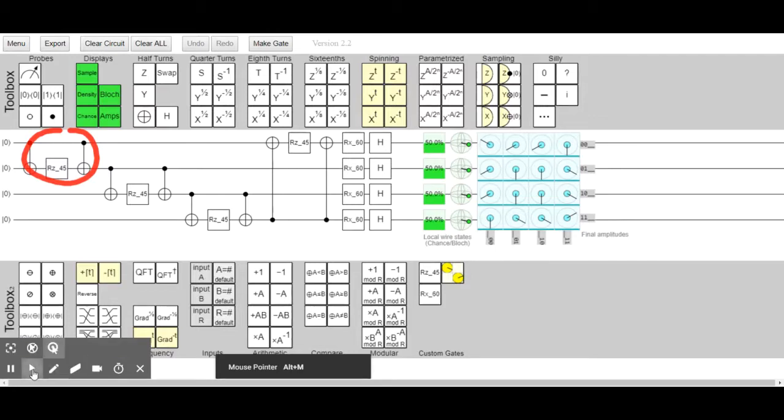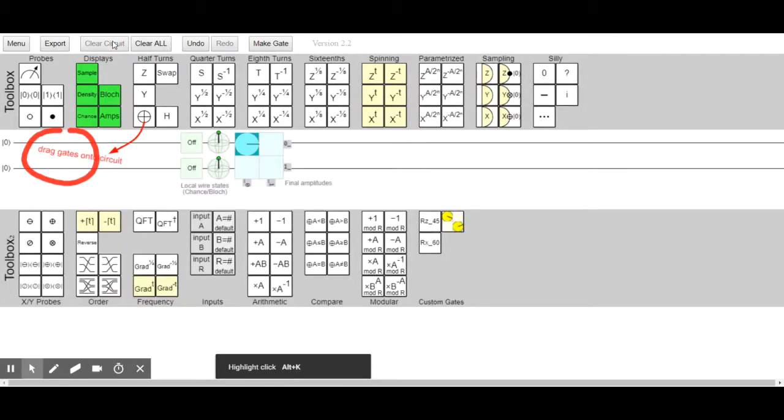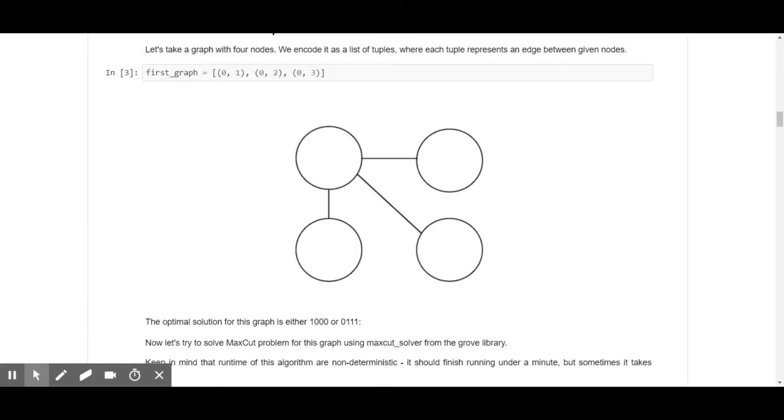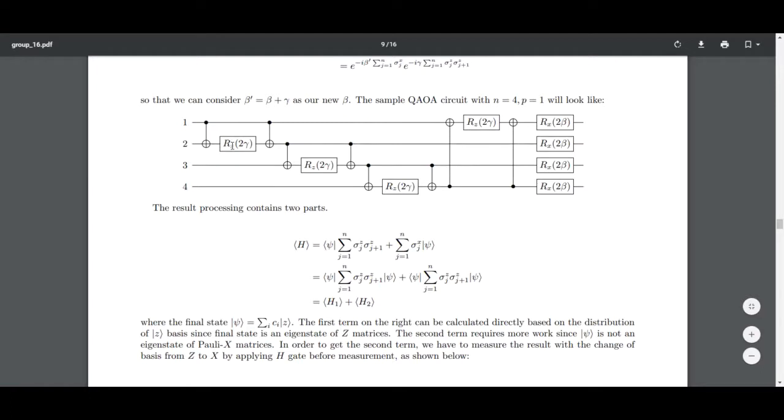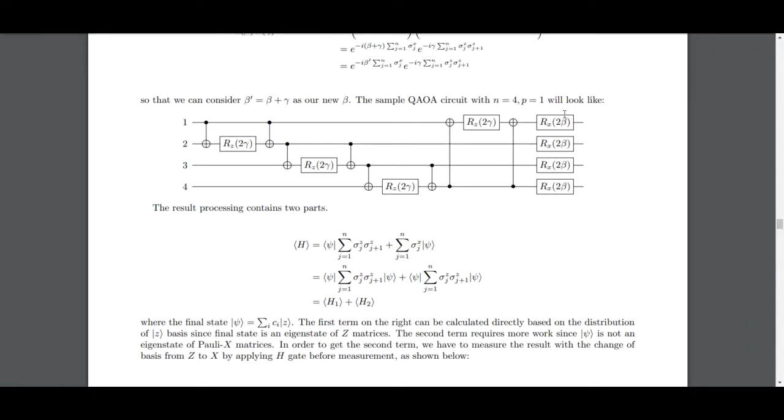The whole concept is that you add a phase on those edges where the qubits are different, because then when you do the rotations on the x-axis, which play with the different amplitudes, they will interfere.